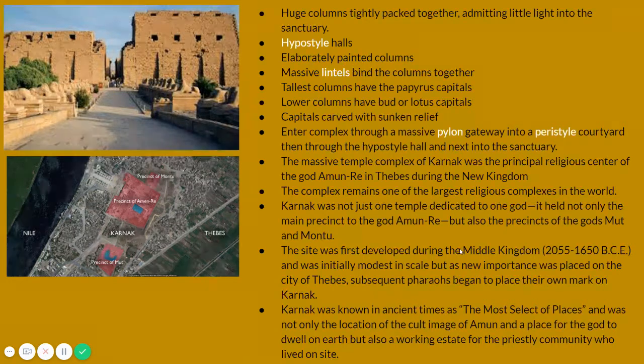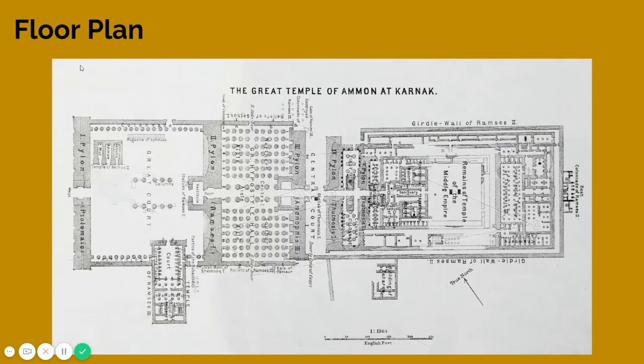We enter the entire complex through a massive pylon, which we talked about right here as these big, massive gates. And from there, we go into a peristyle courtyard. A peristyle courtyard, let me go back, is this right here. So basically, it's a row of columns with an overhang.